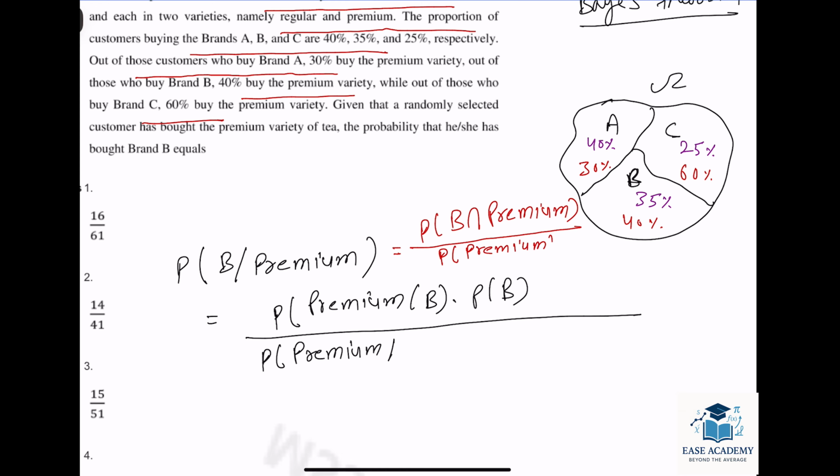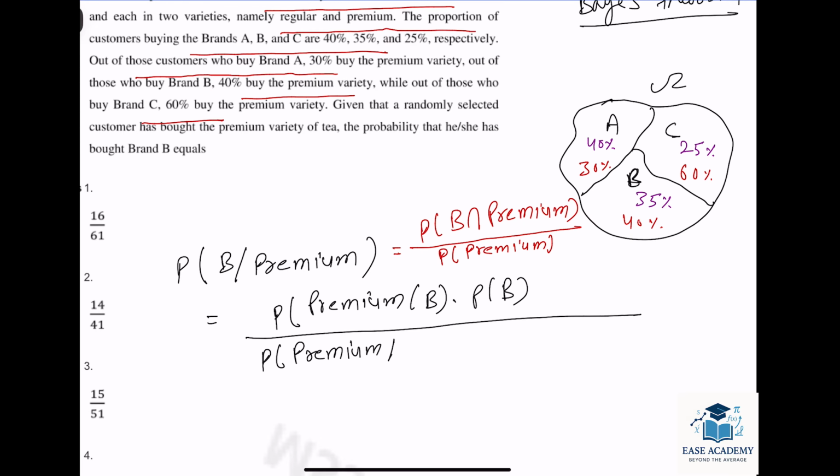I just wanted to show how the Bayes theorem actually works. So this is just the total probability. In the denominator, I am going to write the total probability of the customers who buy the premium.